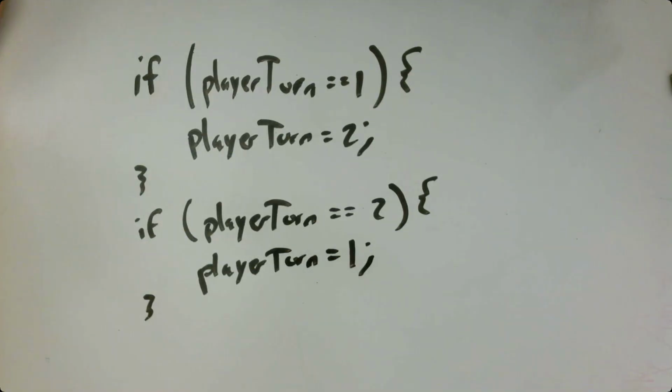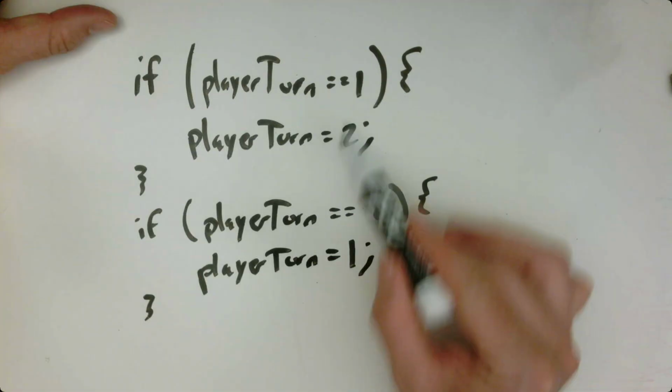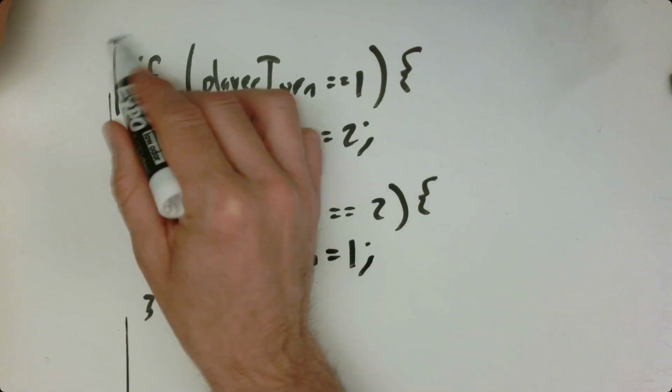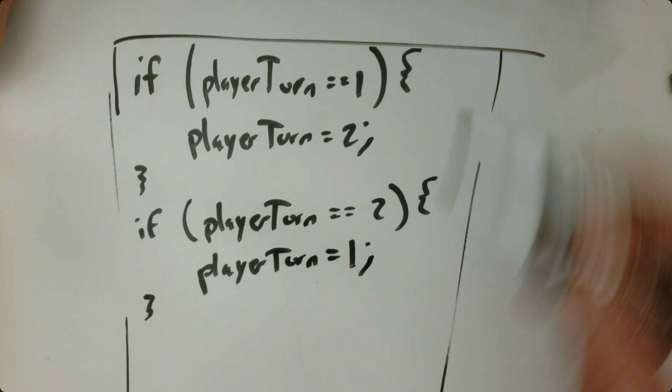You say, if the current player turn is 1, let's make it 2. And if the current player turn is 2, then let's make it 1. So it seems like this should just flip-flop whose turn it is. But if you actually trace the code line by line, you'll see what's happening. Because remember, computers are dumb. They will robotically execute exactly what you tell them to do, one step at a time.